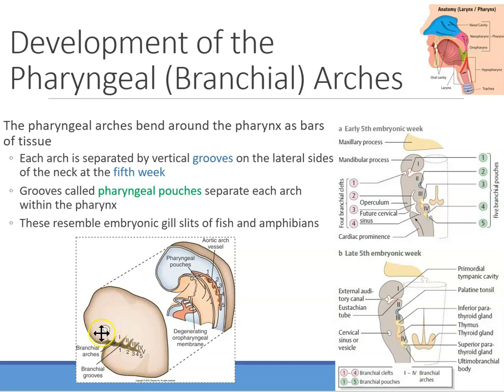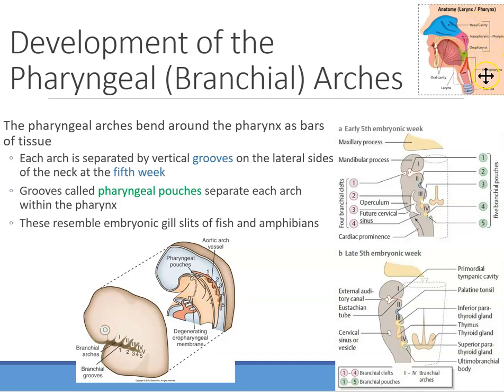And this whole area right here, they have arcs, right? So they have the 1 arc, 2 arc, 3 arc, 4 arc, and 5 arc. These are known as the pharyngeal arches or the branchial arches. Now, when you look at the word pharyngeal, you might think of pharynx, and pharynx is really the back of your mouth, so the back of your throat, the back of your nose.